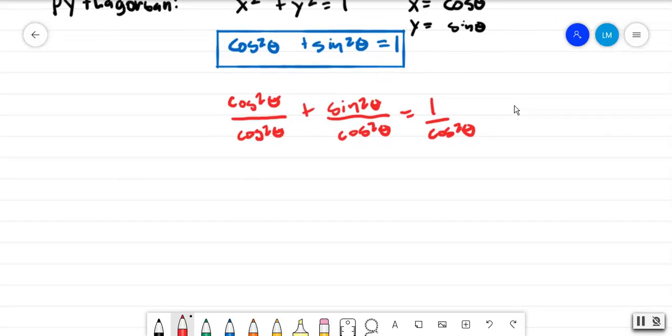But we have from our identities that this gives us 1 plus tangent squared theta equals secant squared theta.